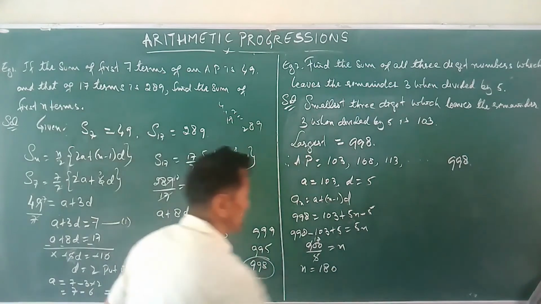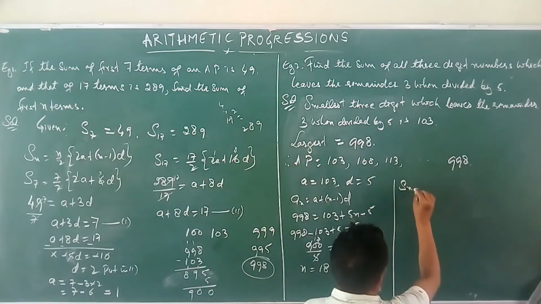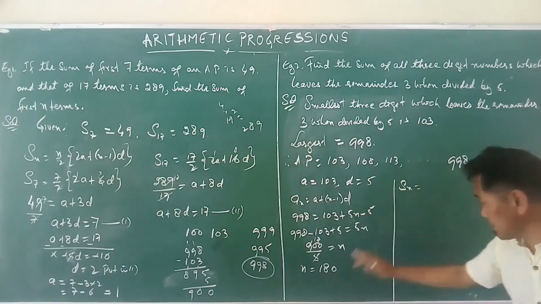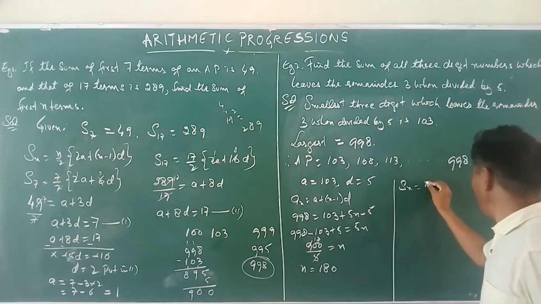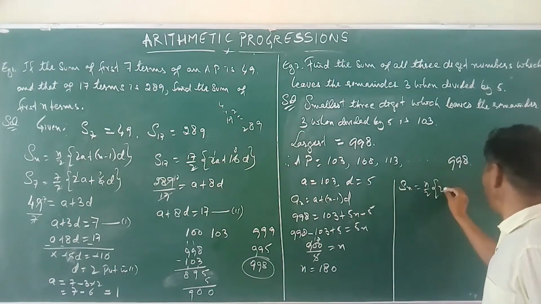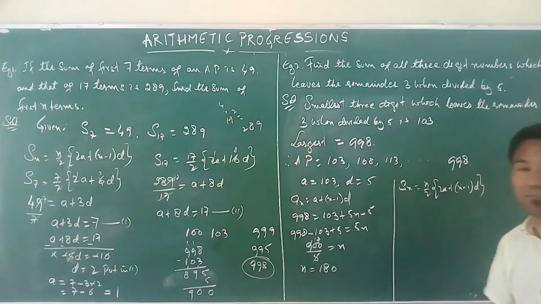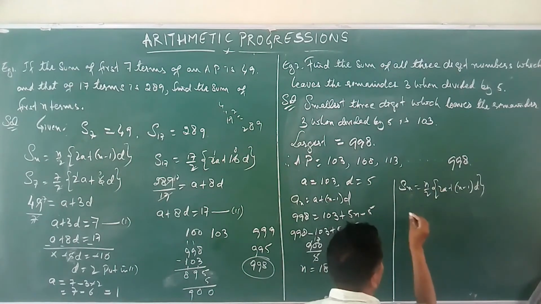Now let's see the sum formula. S of n equals n by 2 times (2a plus (n minus 1) d). First write the formula here, now put the values. What is n? It is 180.